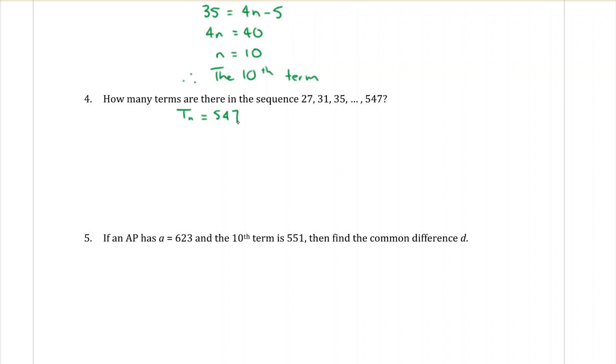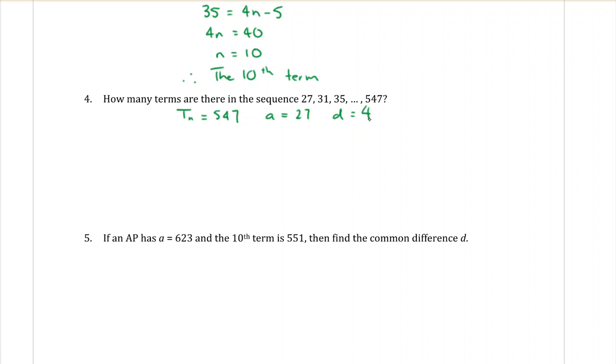What other things do we know about that sequence? Thinking of our formula, do we know an A? A is 27, good. Do we know a D? We sure do. This sequence is going up by 4 each time, so D is going to be equal to 4.